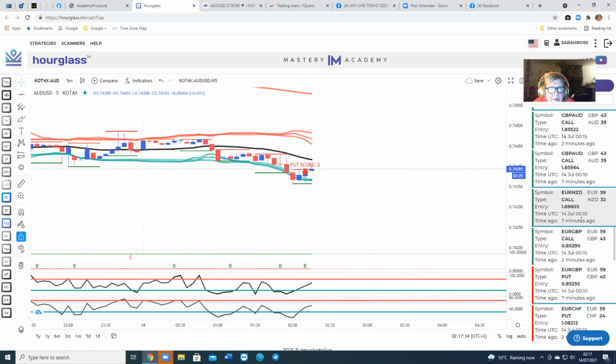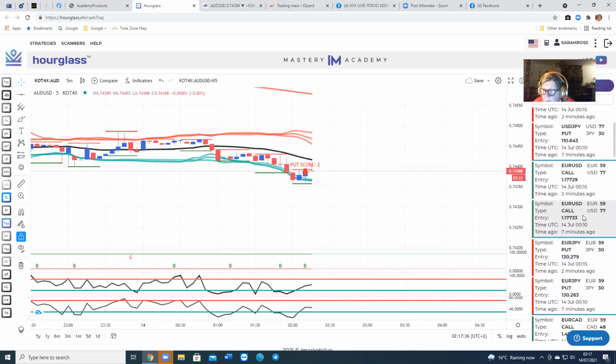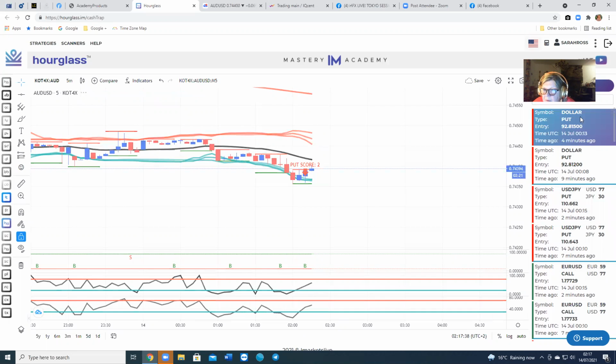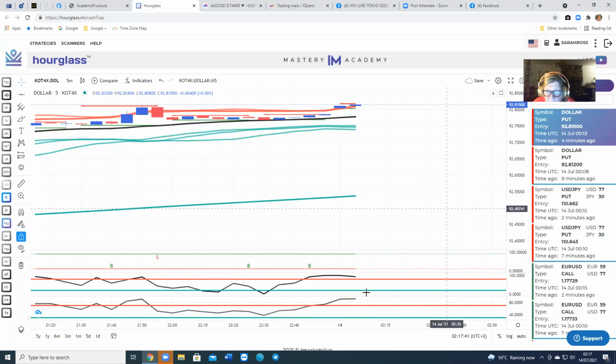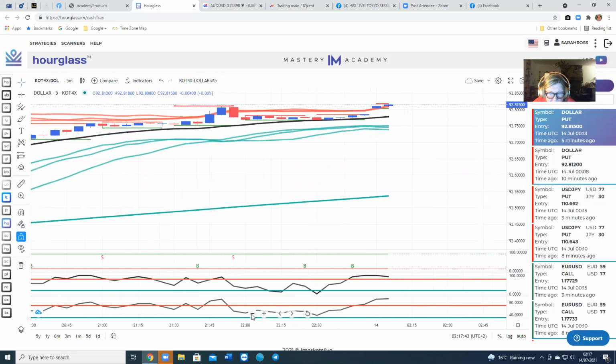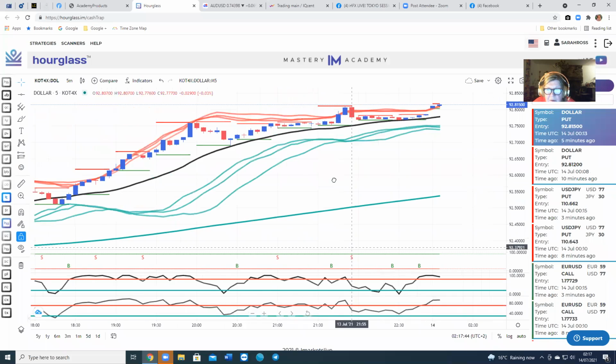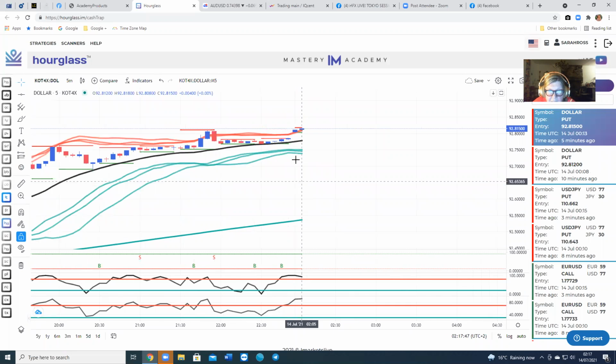So let's look at the dollar. So we need that to be... dollar still says put. So that's measuring it against the basket of currencies. Now it could be because it's hit the Bollinger Bands, but we do want it to say call.